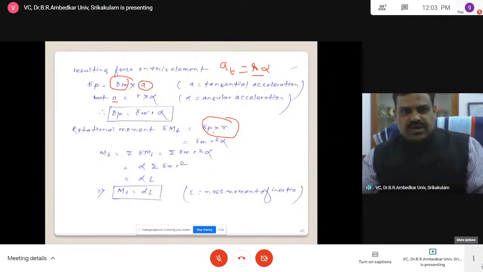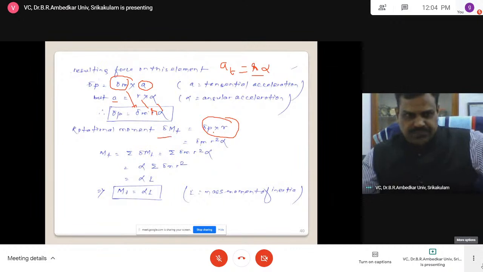The delta p is delta m into r alpha. Delta m into r square into alpha.